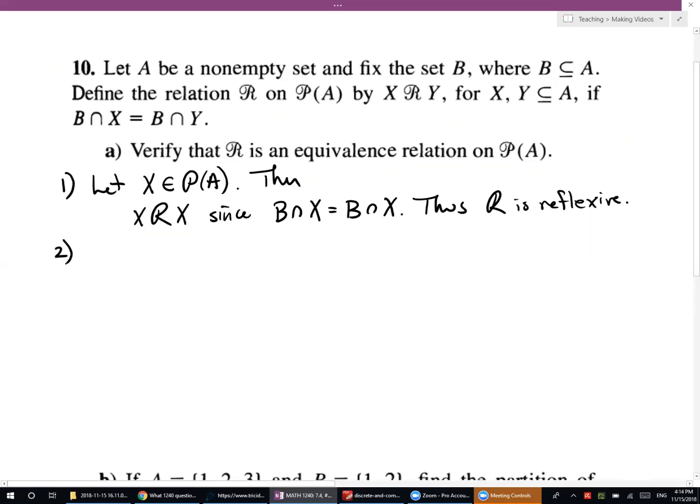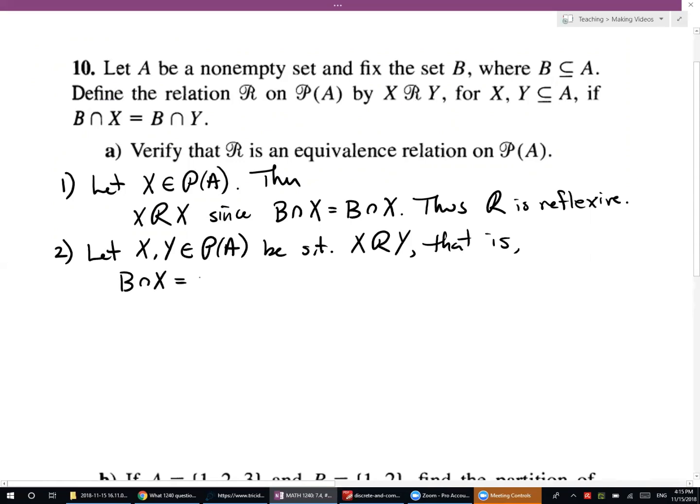Two, I need to show it's symmetric. So I need to let X and Y be in the power set of A, such that X is related to Y. Well, all I know is the definition of that. That is, B intersect X is the same as B intersect Y. Well, if B intersect X is the same as B intersect Y, what do I need to show now?